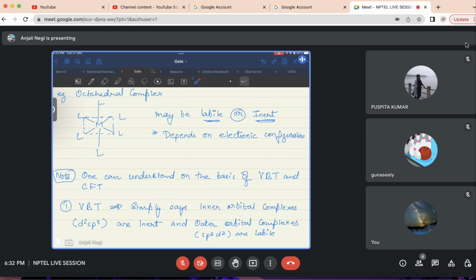So the hybridization was d2sp3, and they were called inert. The outer orbital complexes, that are using the outer d orbital, that is, the hybridization was sp3d2, were called labile, and the inner ones were called inert. Okay, in the case of VBT.